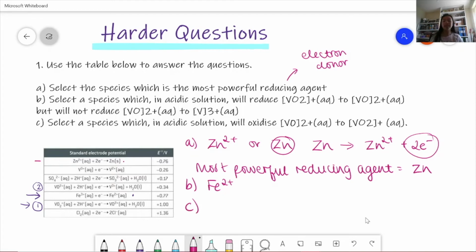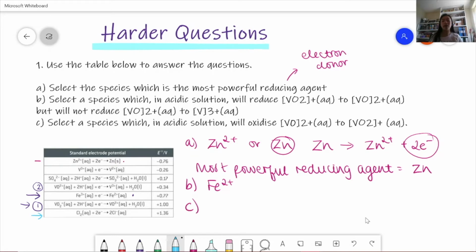For C, select a species which in acidic solution will oxidize VO2+ to VO2+. To oxidize something, we need that half cell to have a more positive standard electrode potential. And so the more positive one is in here. So now we know that it's in this chlorine/chloride half cell.